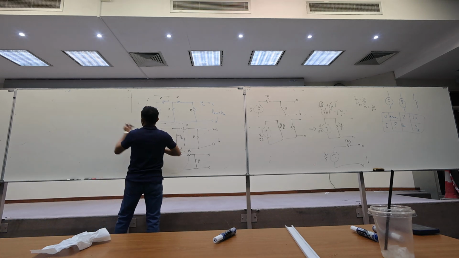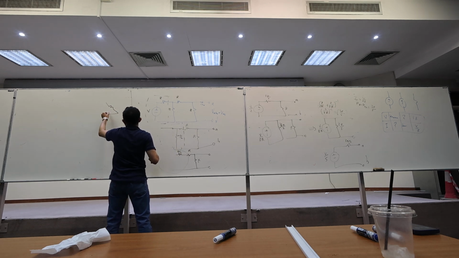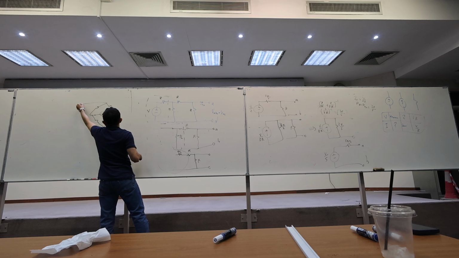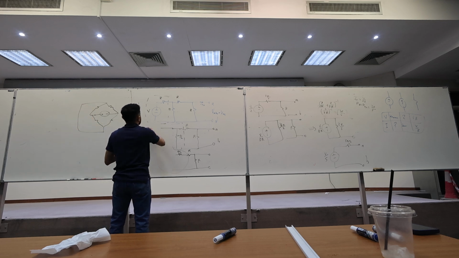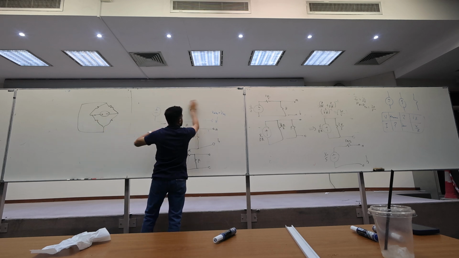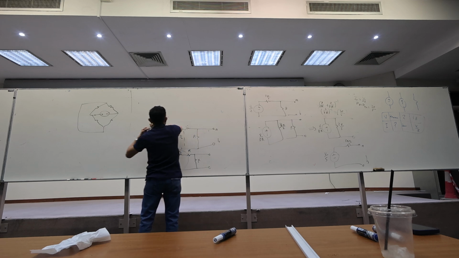Do you guys remember this circuit that looks like a Wheatstone bridge, but it has a voltage source instead of a current meter, right?